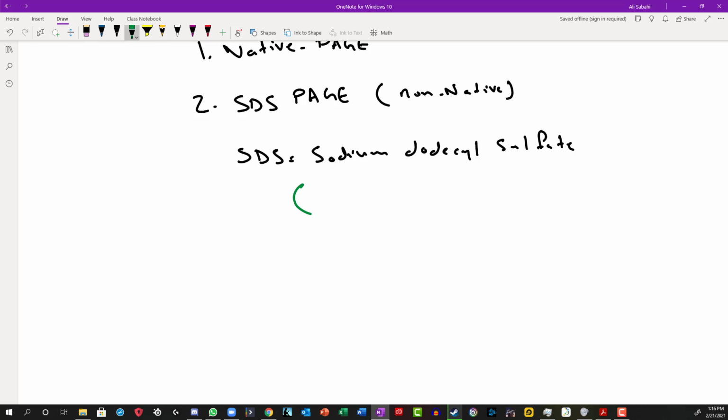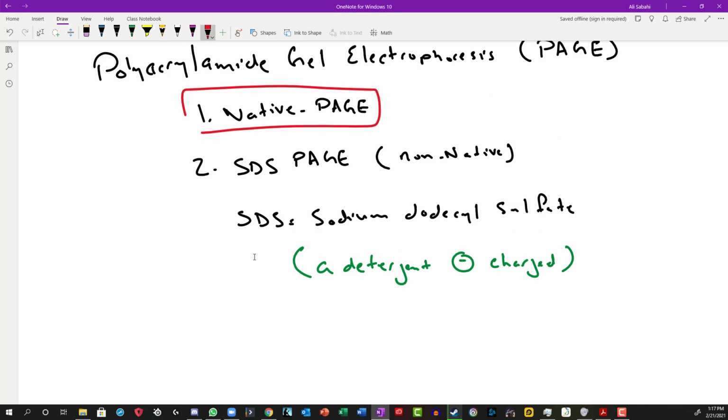It is a detergent that is negatively charged at pH 7. So we're not really interested in native PAGE. So we're not going to be doing this. We're mostly interested in this.